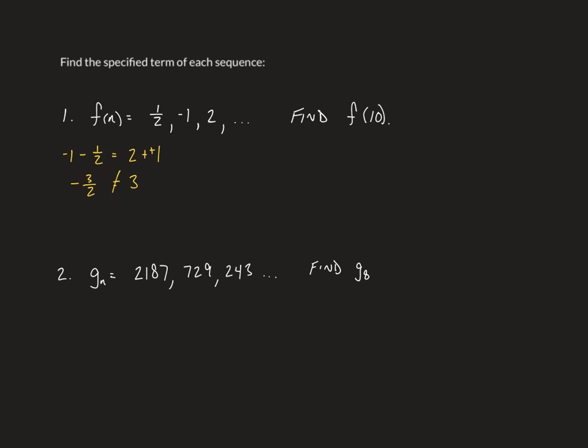So let's try to figure out then if maybe it's geometric. To see if it's geometric, because arithmetic didn't work, we're going to use division instead. So I'll do negative 1 divided by 1/2 and see if that's the same as 2 divided by negative 1. So it's the same order as if we were testing for arithmetic, but we're dividing instead of subtracting.